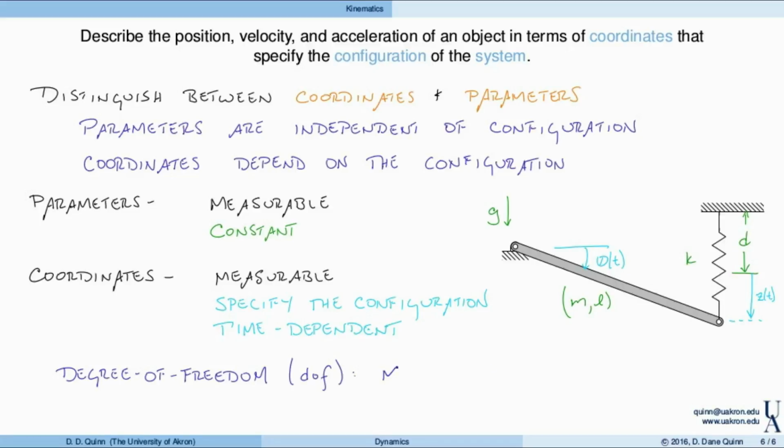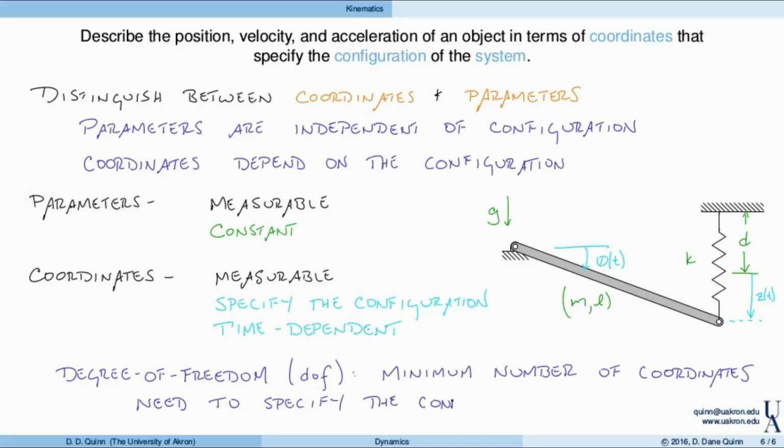The degree of freedom is the minimum number of coordinates necessary to specify the configuration. So it's a minimum number of coordinates needed to specify the configuration. Remember, however, that the configuration encompasses all of the objects in the system.